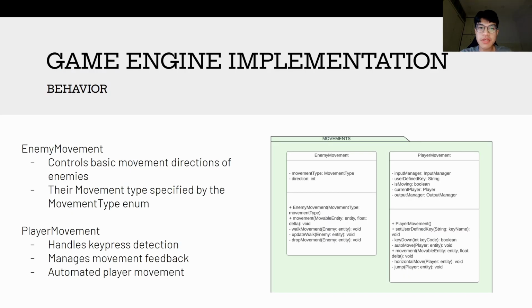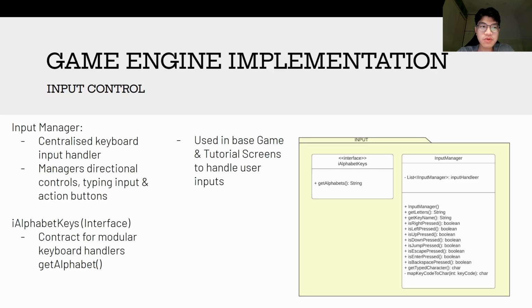Next, for the behavior portion of our game engine, we have the enemy movement class that controls basic movement directions of enemies. Their movement type is specified by the movement type enum. Next, we have the player movement class that handles key press detection, manages movement feedback, as well as provides automated player movement. For our game engine's input control, we first have the input manager that acts as a centralized keyboard input handler.